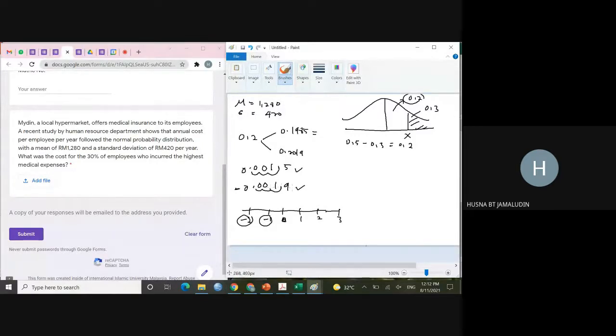So now, for example, let's say we change it to 1.5. So 1.5 is here. This is 1.9. 1.9 is here. So if you want to compare, this is negative 1.5. So negative 1.5 is actually bigger compared to negative 1.9.